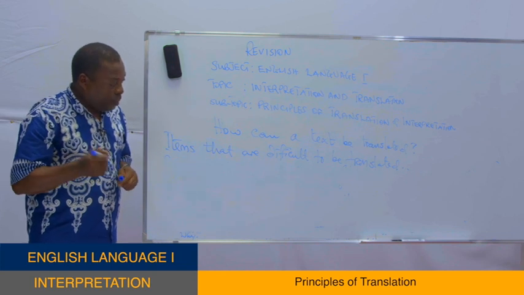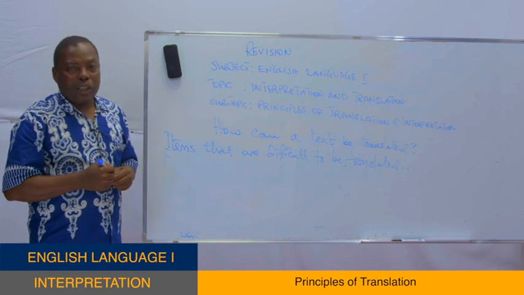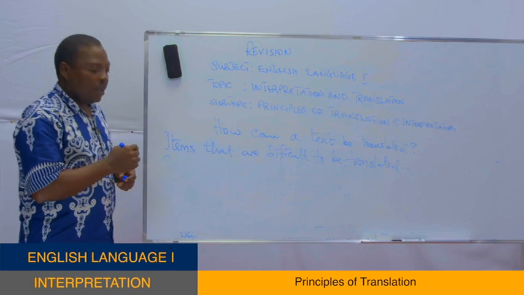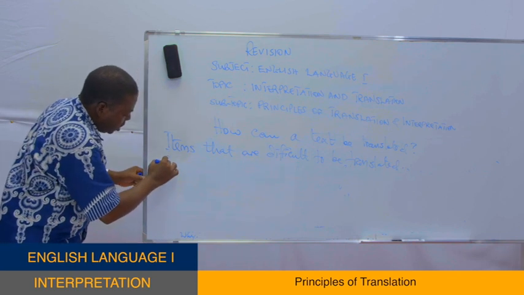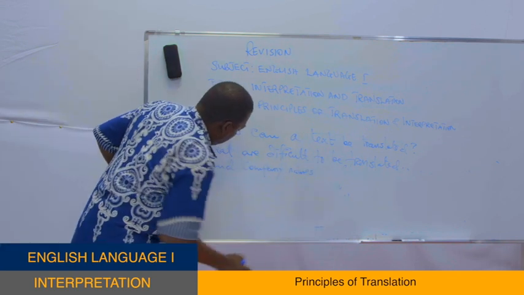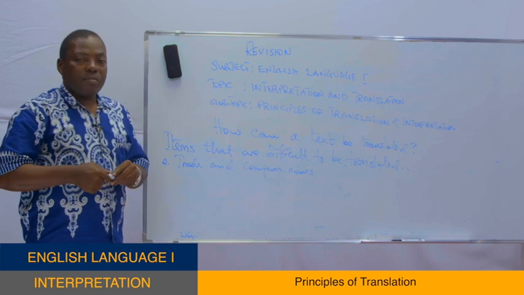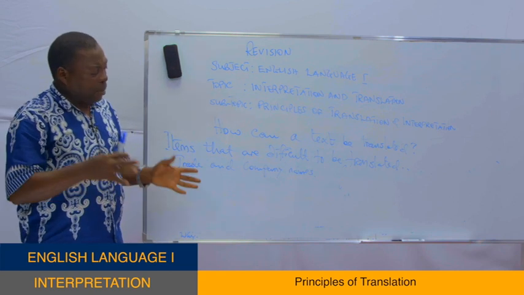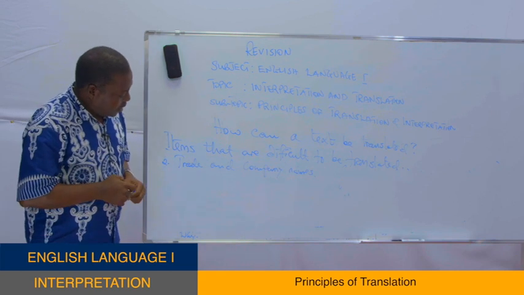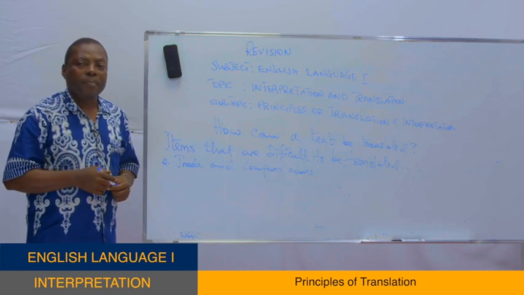Another item which is difficult to be translated is trade and company names. Sometimes you can even include the names of institutions.